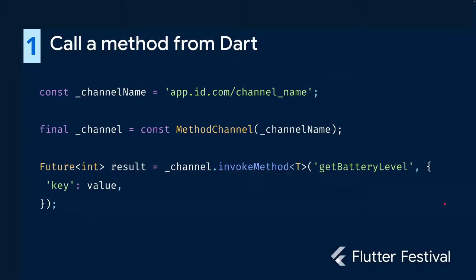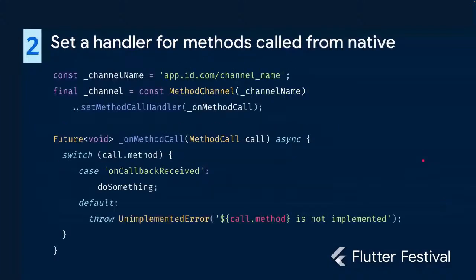But there is another case where we send a method call from native, and we want Dart to handle this method when it's called. So it's the other way around. In this case, we again define a channel name and a MethodChannel, but then you notice we are setting a method call handler.